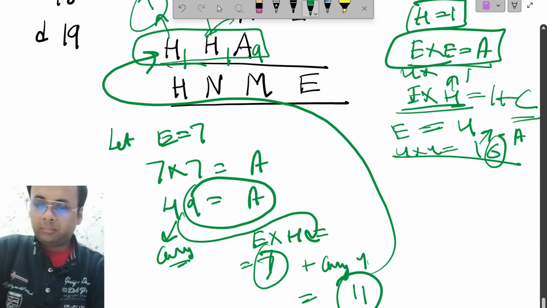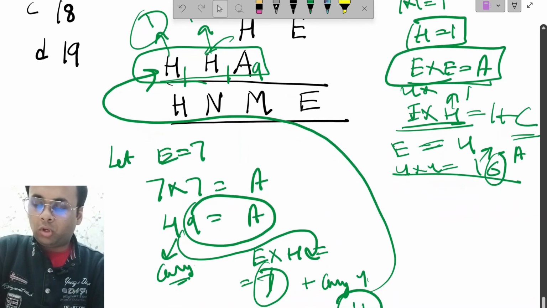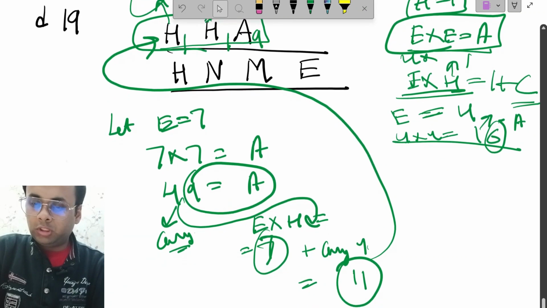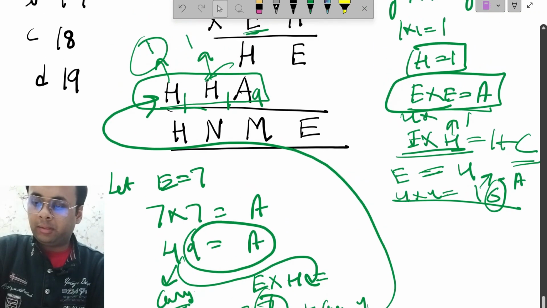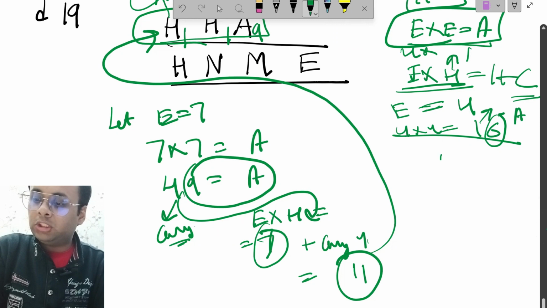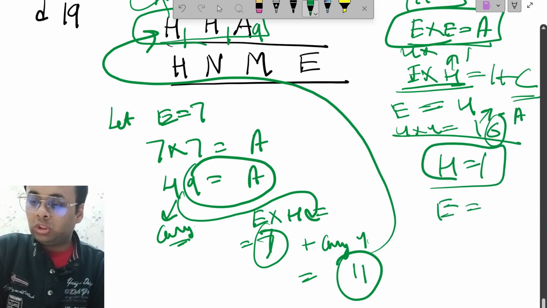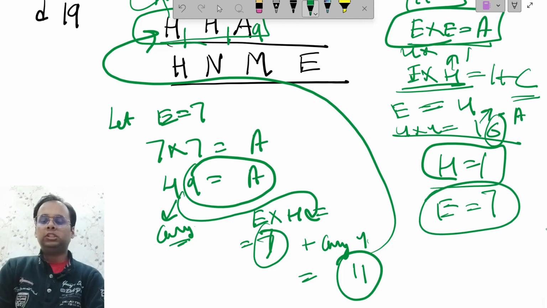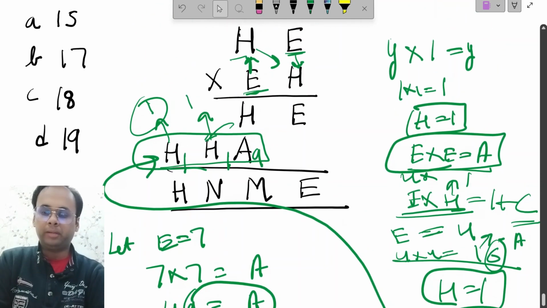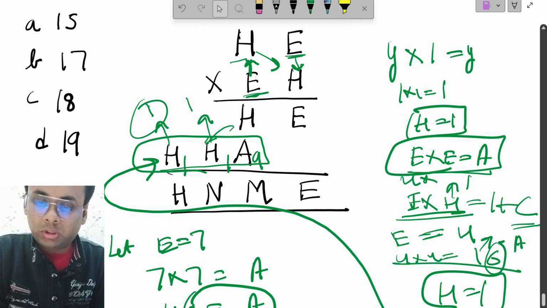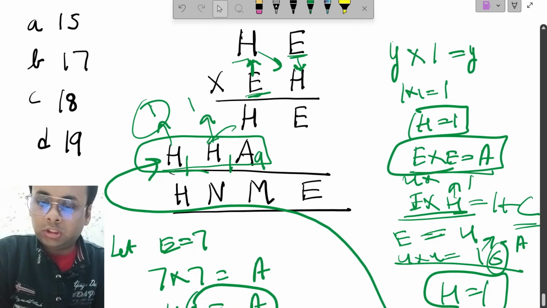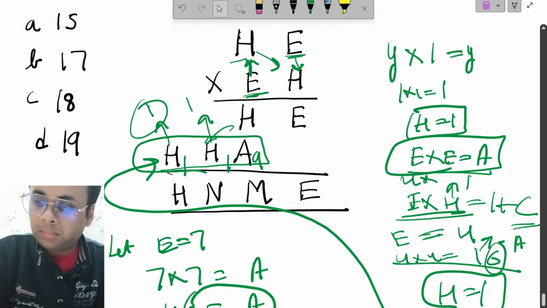I hope you got it. So e is equal to 7 is actually fitting in here. So we have found the values, h equal to 1, e equal to 7. Let us just place these values over here. What is the original thing, which is he into this one? Let me just take it out.